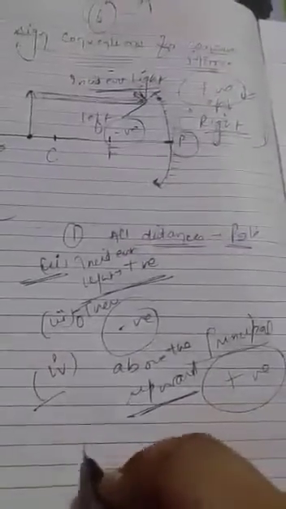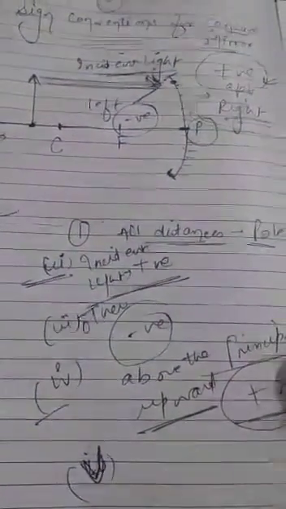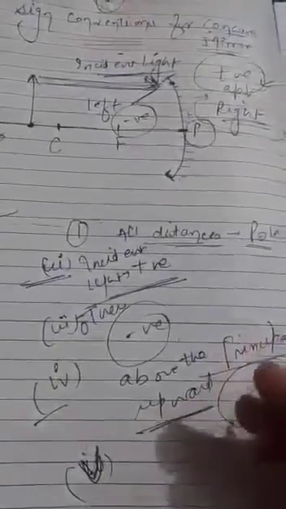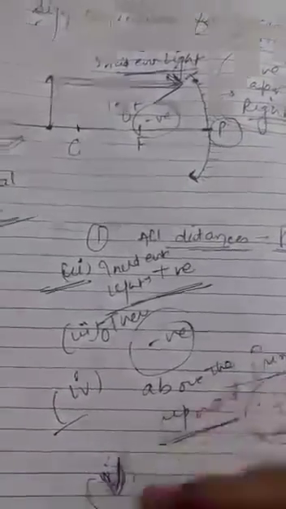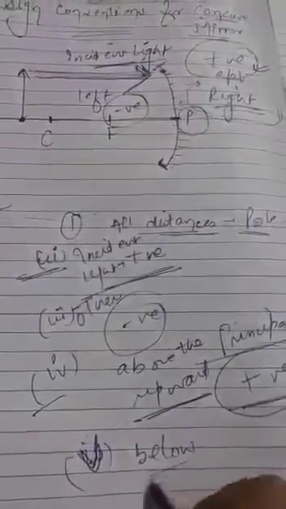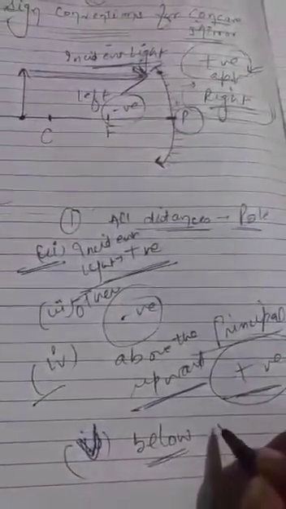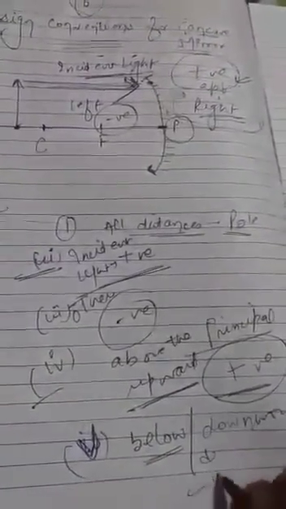We just write here that the distance measured above the principal axis, or upward, is considered as positive, and the distance measured below the principal axis, or downward, will be considered as negative.